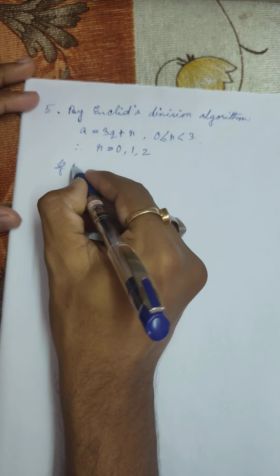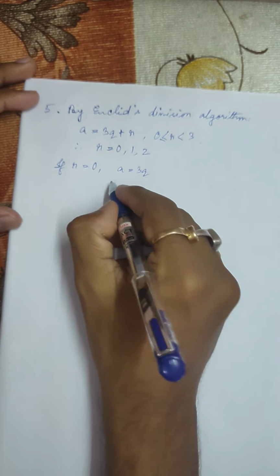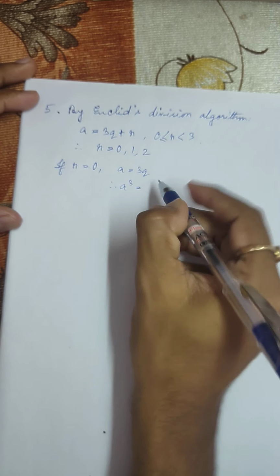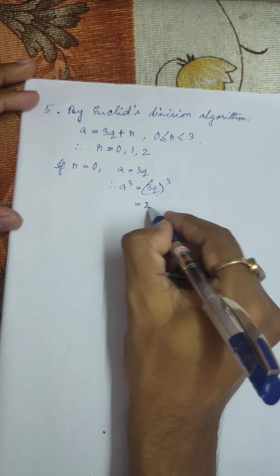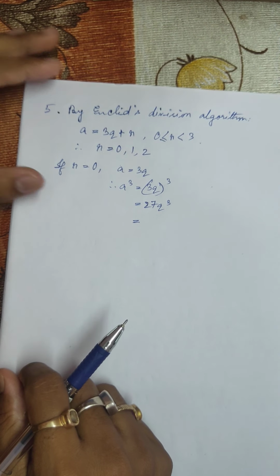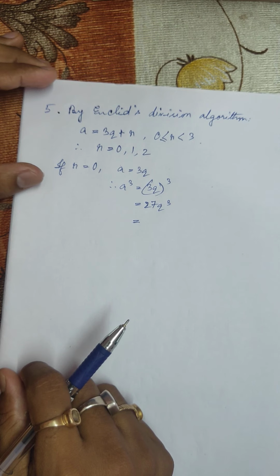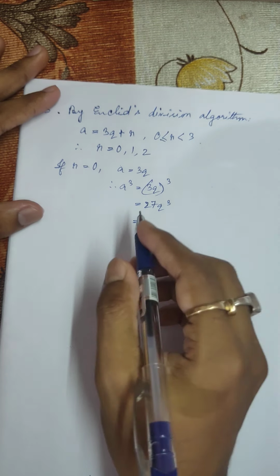So if r equal to 0, then a equal to 3q. Therefore the value of a cube will be 27q cube. Now we have to show that the cube of the positive integer is of the form 9m, 9m plus 1 or 9m plus 8.